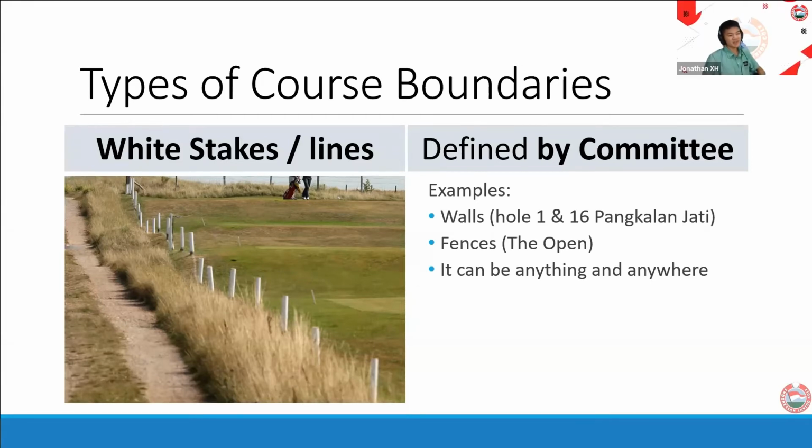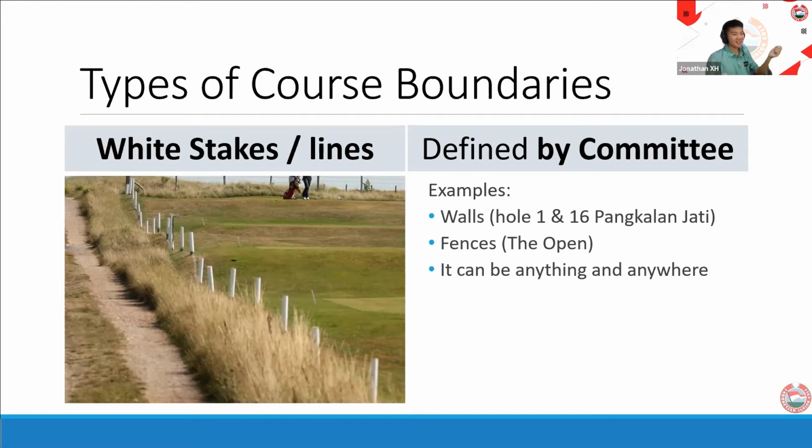What that means is, for an example, if you've played Damainda before, and you've played hole 1, you know that the driving range on the right side of the tee box, that's actually out of bounds. Now you might think that's still part of the golf course, right?